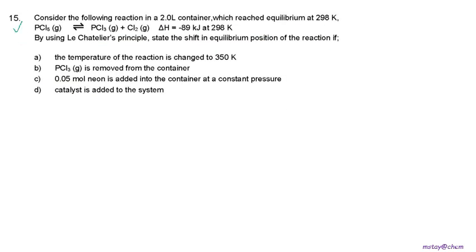Question 15. Consider the following reaction. This time we will notice that the delta H is a negative value, which refers to heat released to the surroundings. So if the heat is released to the surroundings, then the heat will be on the product side. By using Le Chatelier's principle as well, state the equilibrium position.